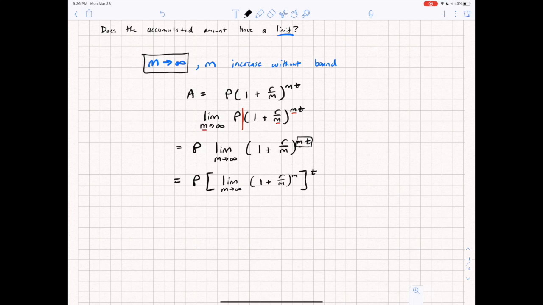Remember your properties of exponents: if I have a power raised to another power, we multiply the two, so this would be m times t. All I'm doing is splitting them apart.